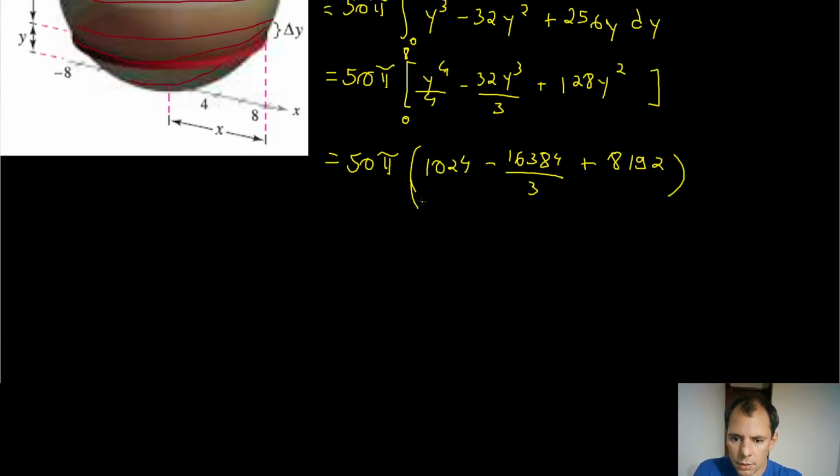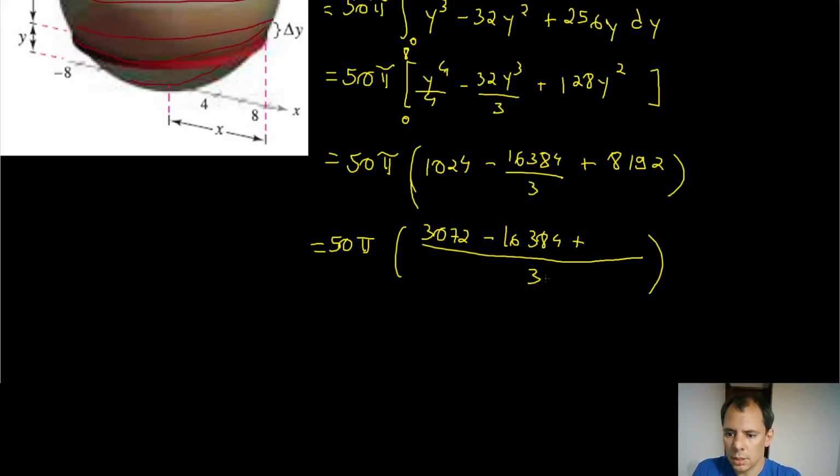So this here is going to become equals 50 pi, and I'm going to put a 3 here, okay? This is going to be 3072 minus 16,384 plus 24,576.